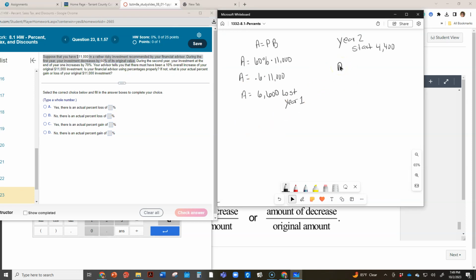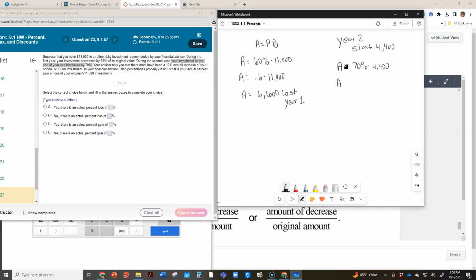We're going to find how much money we gained because it says during the second year, your investment increased by 70%. So we're going to find the amount of the increase by doing 70% times the amount of money that we have. And we only started with 4,400 after our loss from year one.